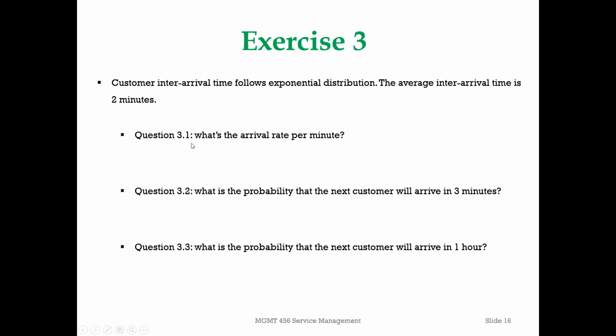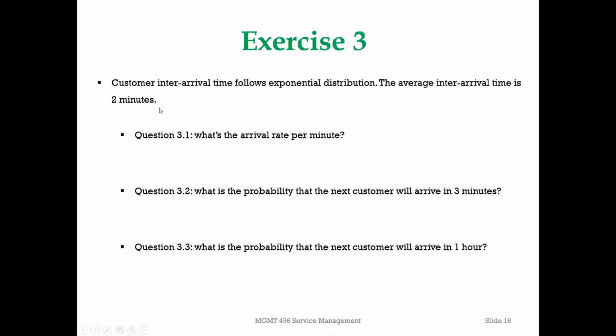Look at question 3.1. What is the arrival rate per minute? The question is asking about lambda per minute. The question itself doesn't tell us what lambda is, it only tells us that A is 2 minutes.